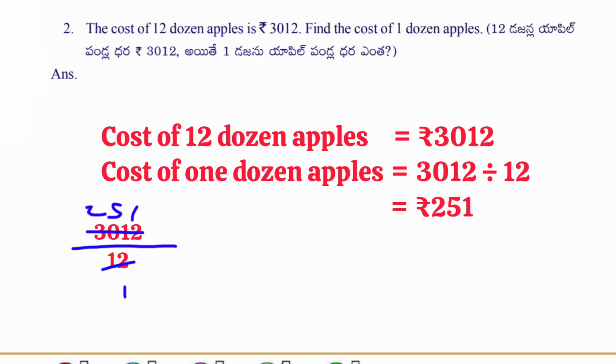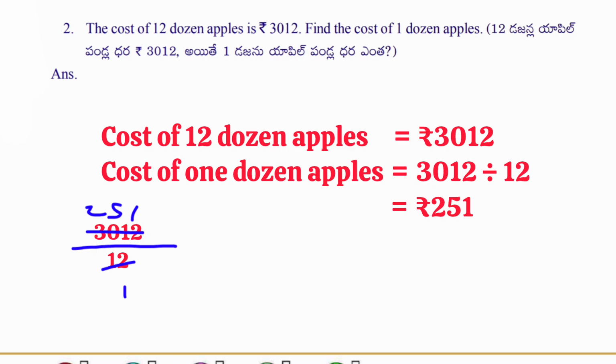So 3012 divided by 12. Then 12 ones, 12; 12 twos, 24. Then 6 will be left, 61. 12 fives, 60. 1 will be left, so 1 and 2 means 12. 12 ones, 12. So the answer is 251.